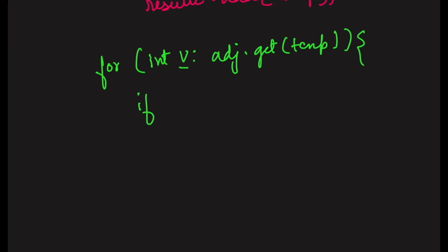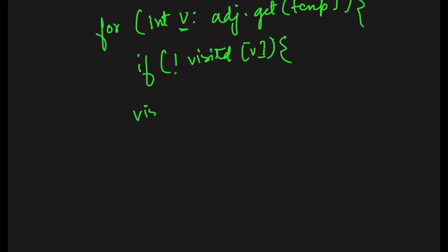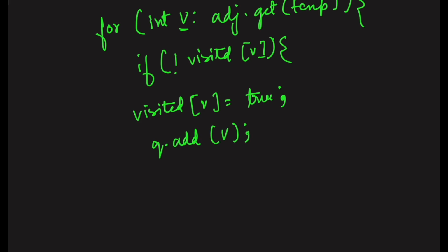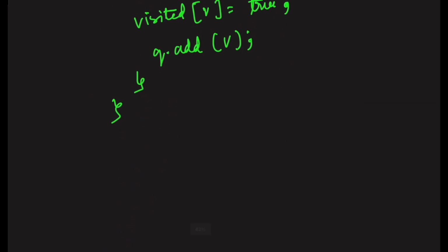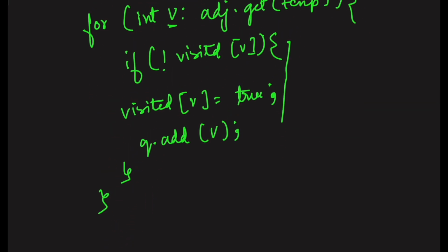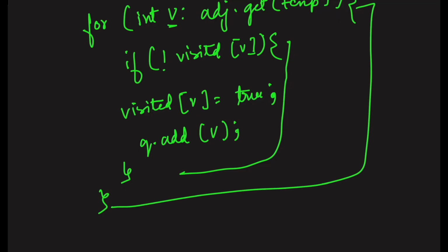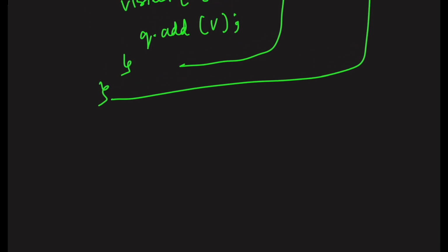Now for all v's, we check if it is not visited. Then we mark this as visited, and once we marked it, we add it to the queue. Now we close this bracket, and this closes the method.